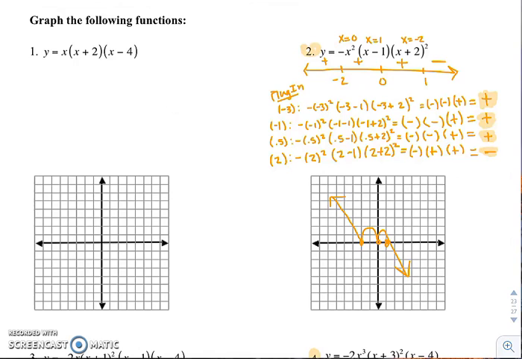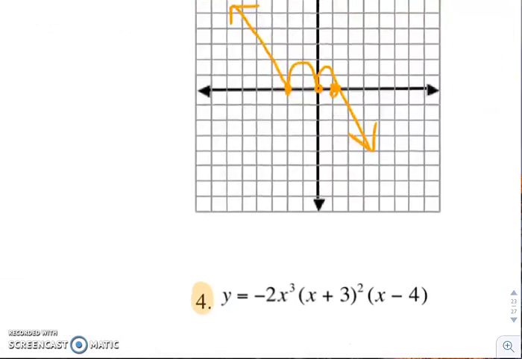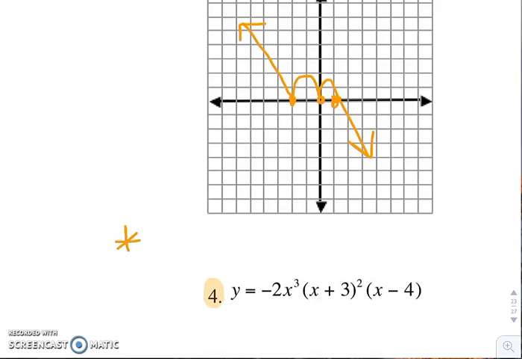So when you're doing this, once you get these negative and positive signs, an even number of negatives, like a negative times negative, means the whole interval will be positive.